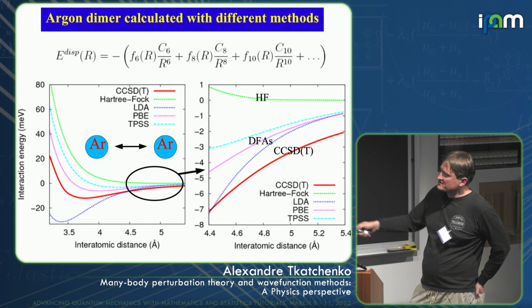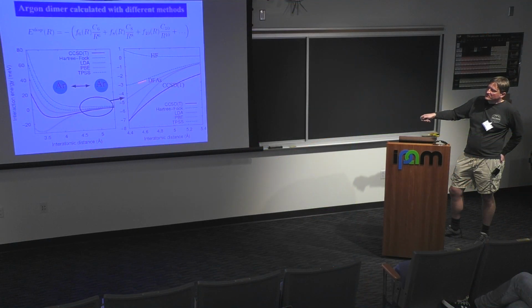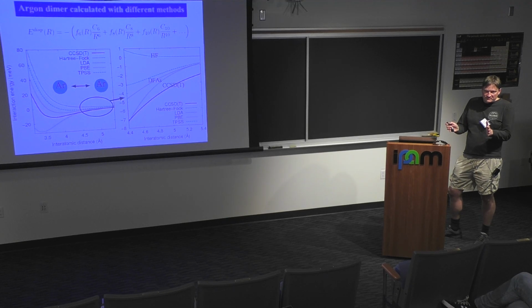But something interesting is, if you zoom into the long distance regime, you see that all semi-local density functionals follow exactly the same behavior. They decay exponentially with the distance. That's because the overlap between the densities of the two atoms decays exponentially, and the exchange correlation energy follows the same trend.